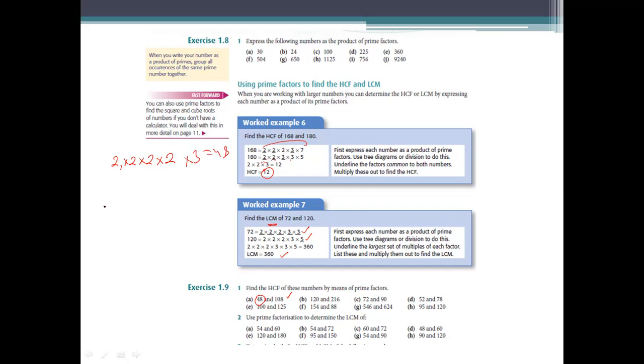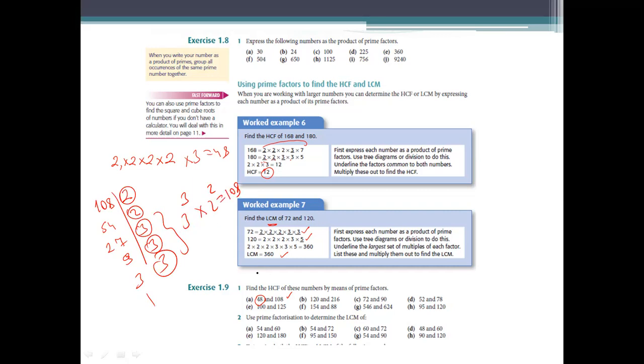Okay, and what about 108? You can find the prime factors of 108. First of all, 2, 54, 2, 27, 3, 9, 3 times 3, 3 times 1. So the prime factors are 3, 3, 3, 3 cubed times 2 times 2, 2 squared. Okay, the answer is 108.